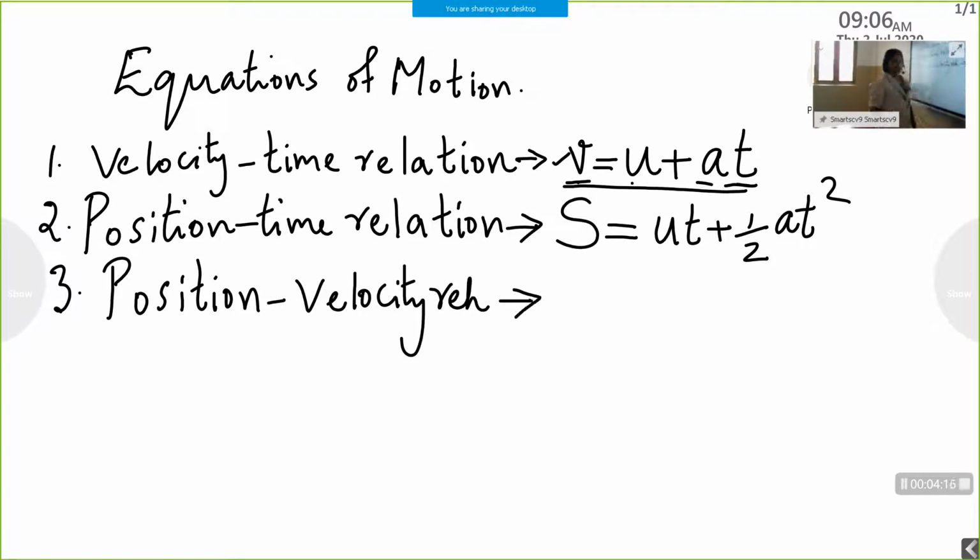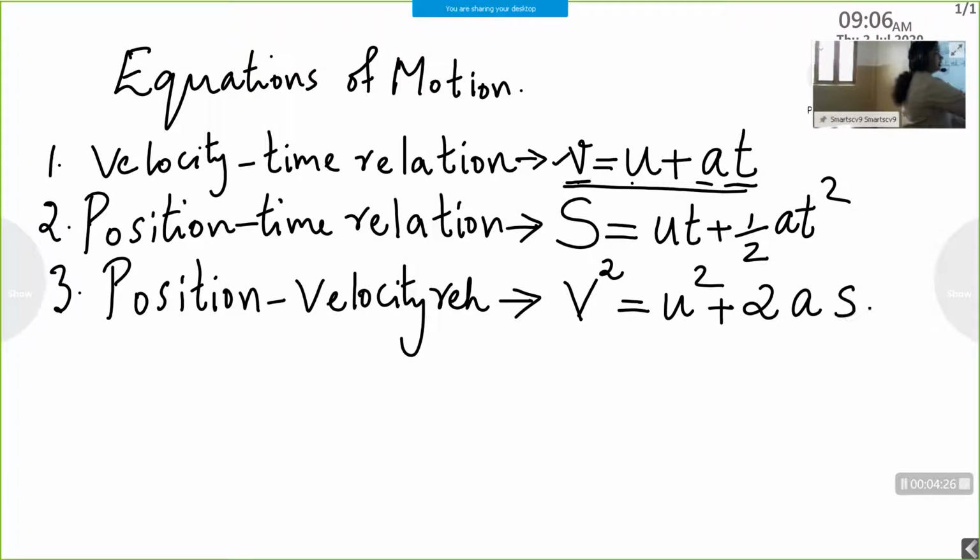Here the equation is V square is equal to U square plus 2aS. So these are the three equations: first is the velocity time relation, second is the position time relation, and the third equation of motion is also called the position velocity relation.